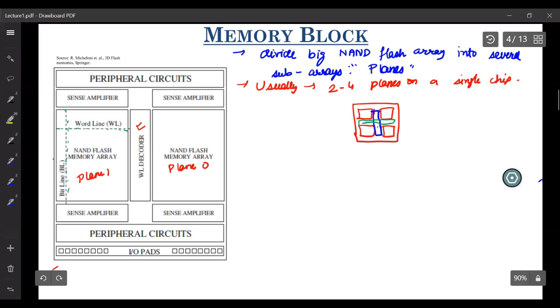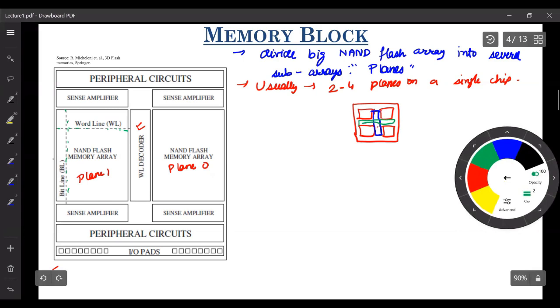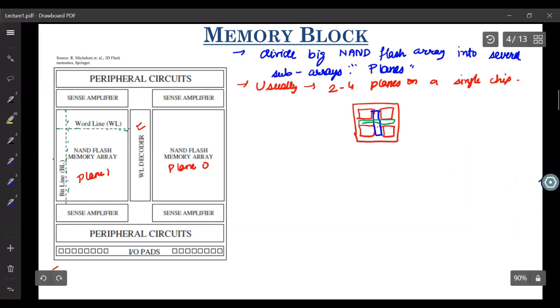The way they pack this IC is really amazing. To achieve high densities, these peripheral circuit designers, these digital and analog circuit designers, have come up with several ways to not only pitch match, but also fit everything within that small region between these 2 planes. That is really amazing.